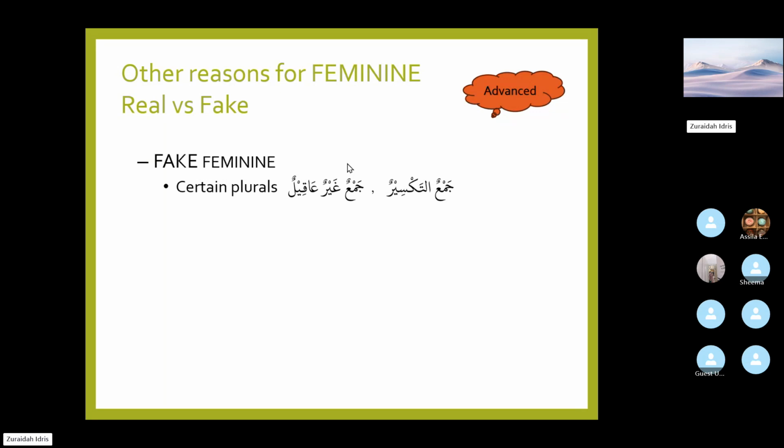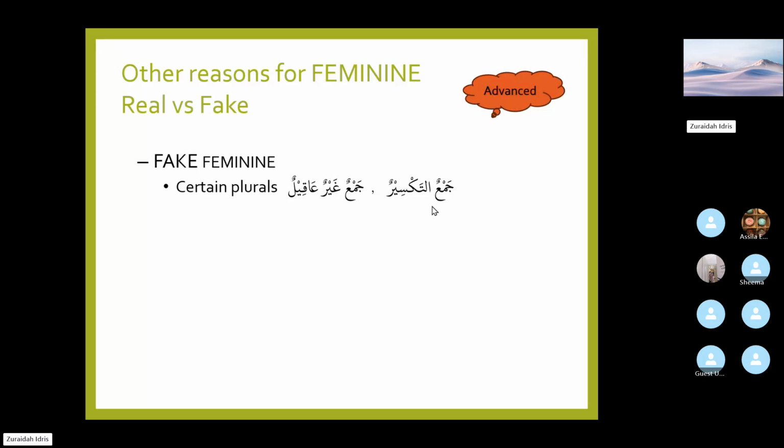Fake feminine. Like I said, this is when it's not a male, not a female. Certain plurals are treated as feminine. One of the ones that I mentioned was ghayr al-aqil, what we call non-human plural.